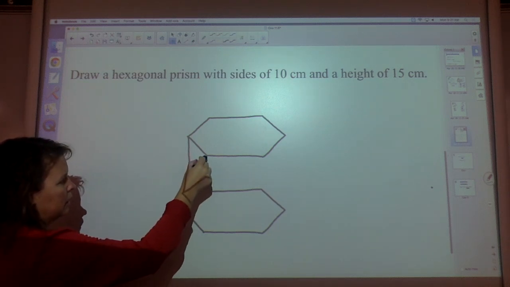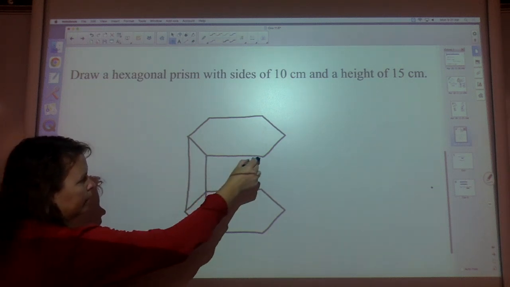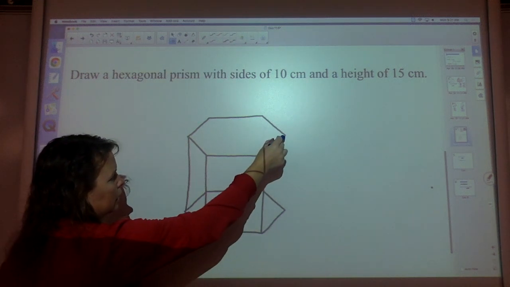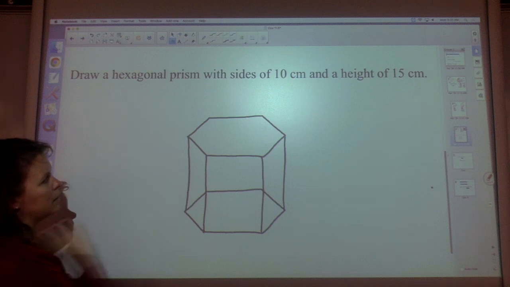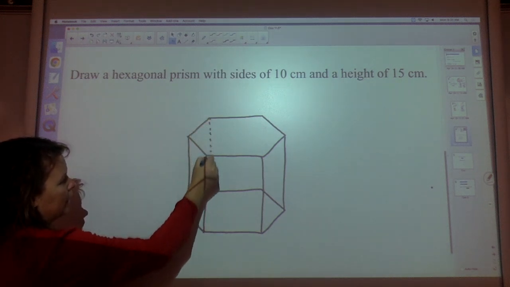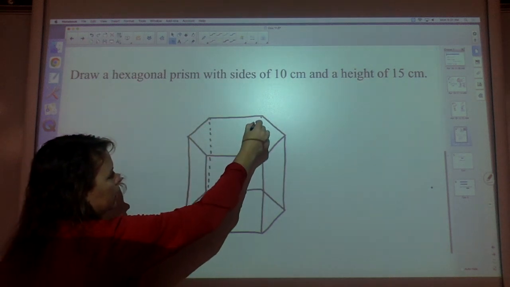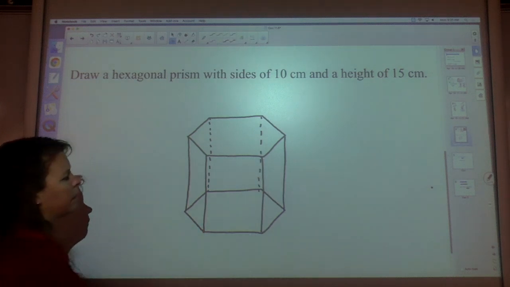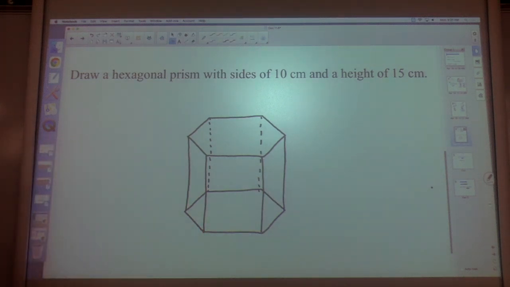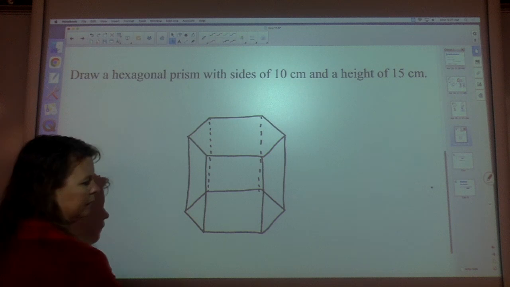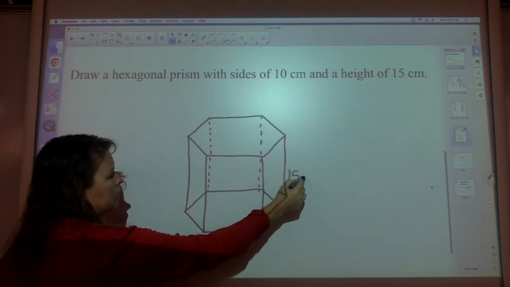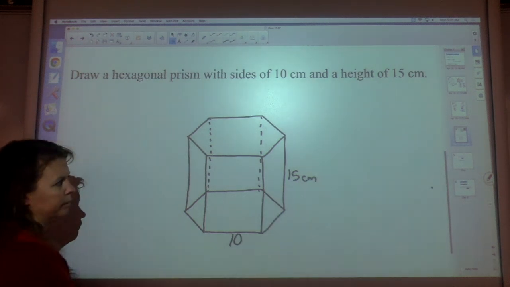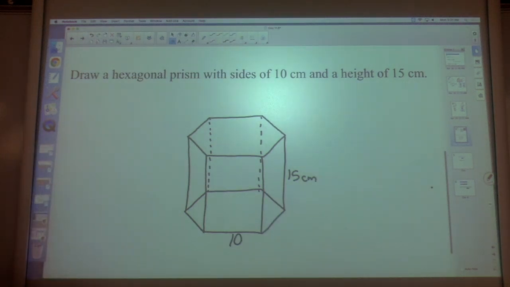Connect that side, connect that side, connect that, connect that. We've got all the ones in the front. If you want to do the ones in the back, maybe do you want those dotted? We could do those dotted. And there's your hexagon. Sides of 10, height of 15. And that works to draw pretty much any three-dimensional figure like that. That's it.